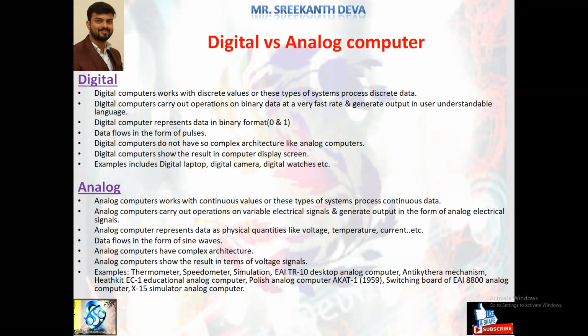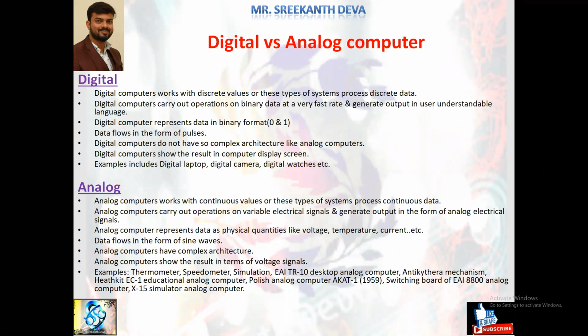These are the best examples. Digital computers are more accurate and reliable in nature. Analog computers are not as accurate as digital computers. Digital computers are represented in the form of clock pulses, but analog computers are represented in the form of sine waves.